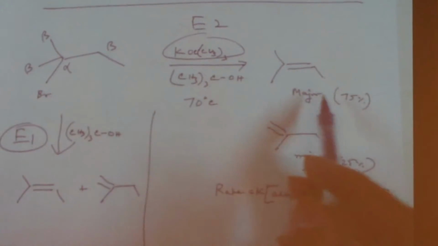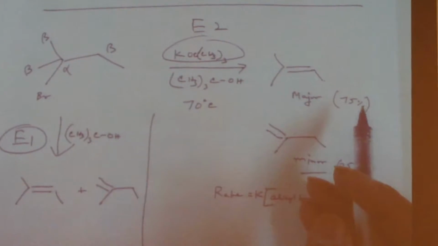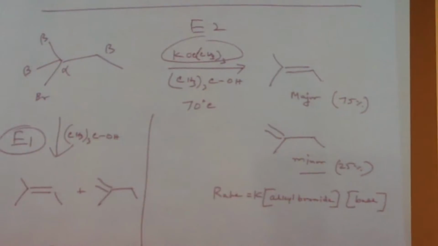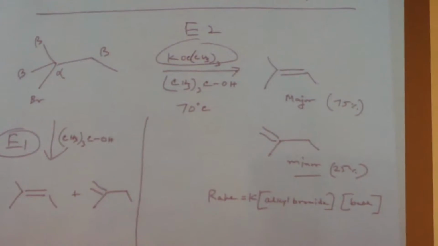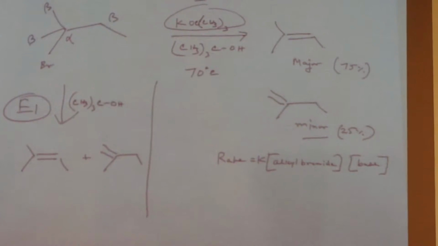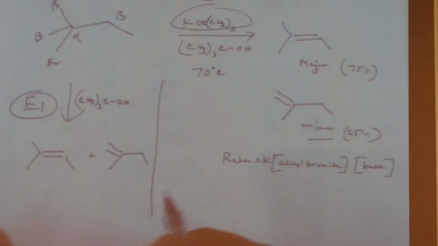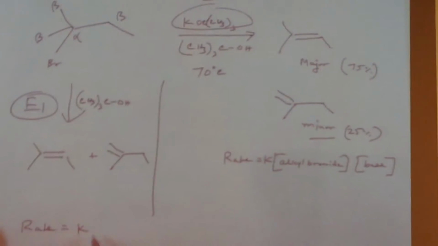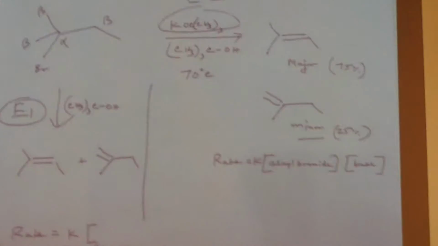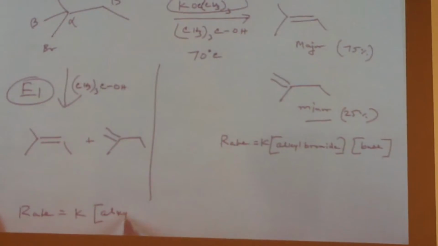This one can be completed within a few minutes, and this one will go for hours in order to get the product. Nevertheless, the distribution of the products is similar. However, the other thing that is also evident here is that the rate is based only on the concentration of the alkyl bromide.